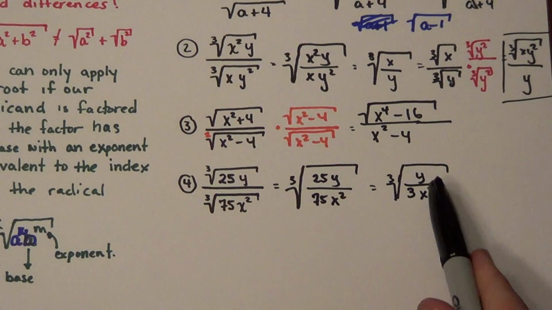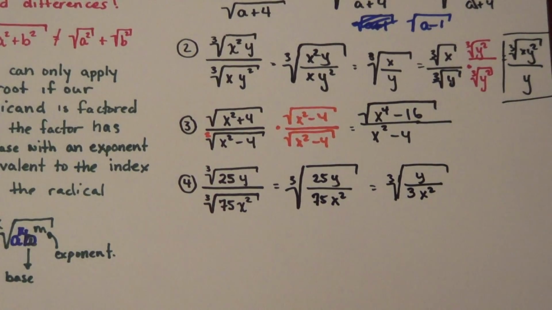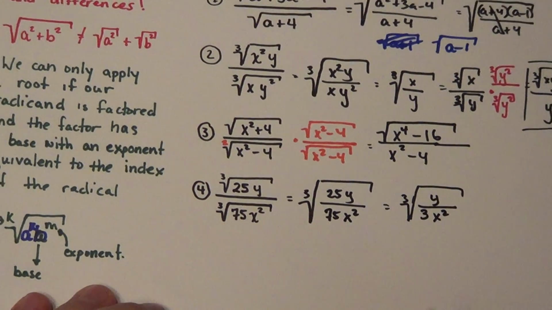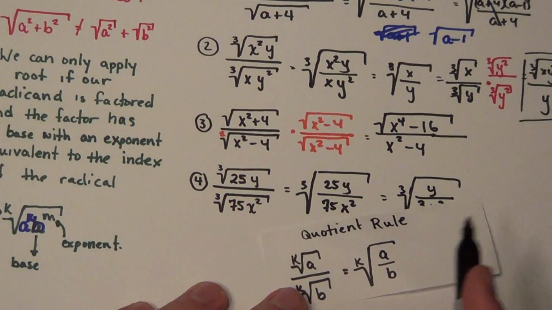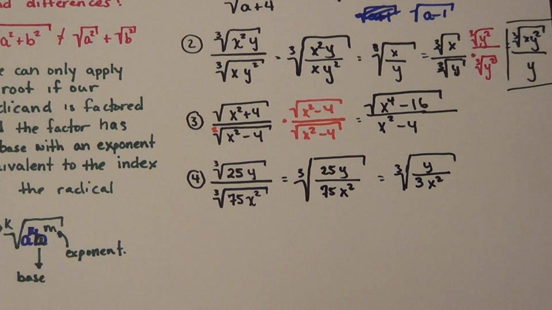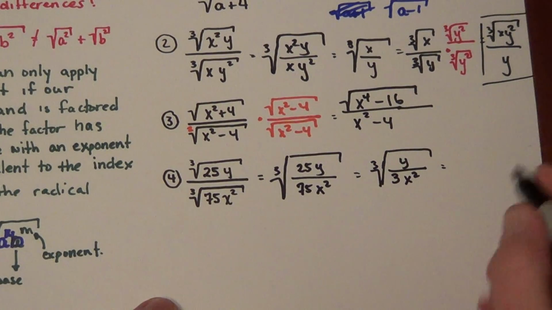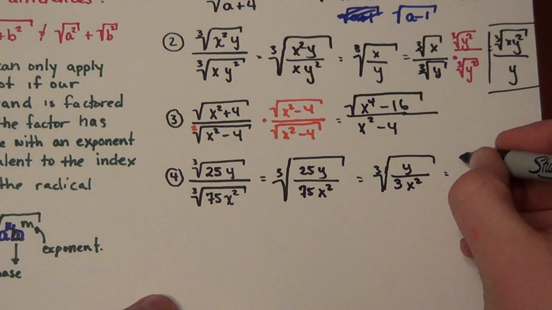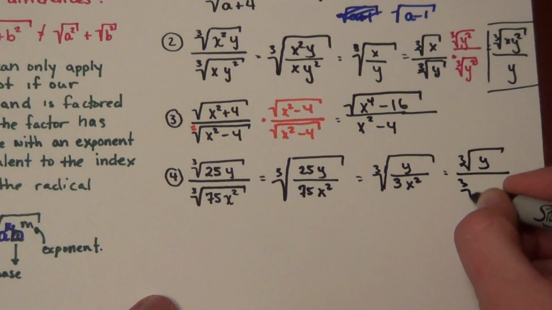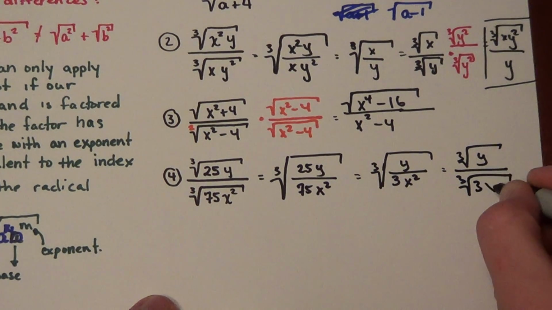Now, I have no more terms that I can reduce or simplify, so I'm going to break it back. Okay, so I'm going to put it back into something looking like this. And then I'm just essentially going back and forth between the two, so this becomes the cubic root of y divided by the cubic root of 3x squared.